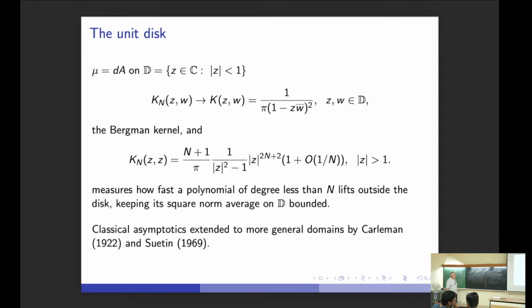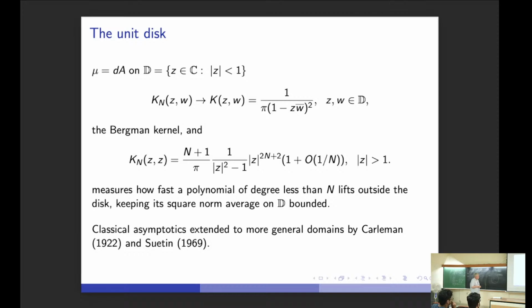In the unit disk, we discussed this, but now let's turn to the area measure in the disk, the so-called Bergman space. There, the reproducing kernel, as my colleagues here who work on this know very well, is precisely this. So the limit exists. And exactly as on the torus, inside, this remains bounded on the diagonal.